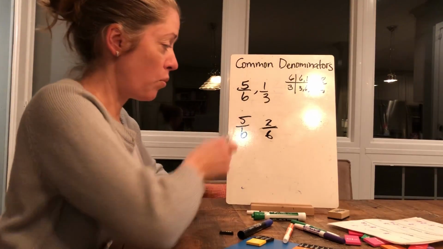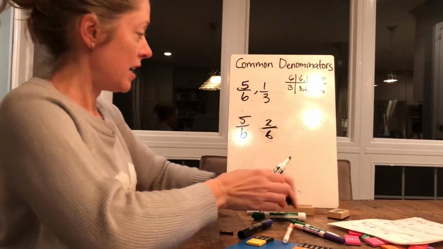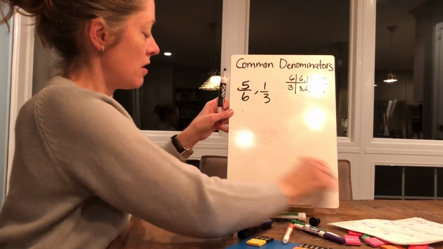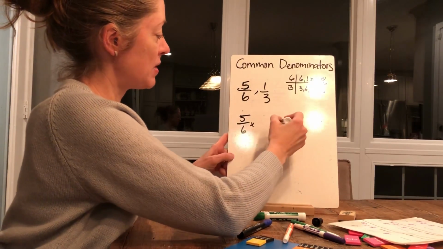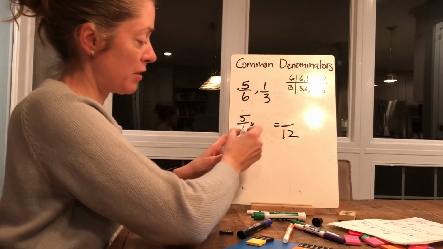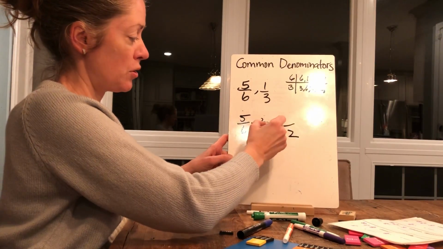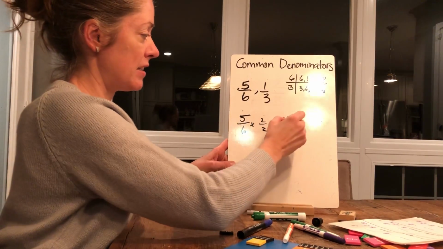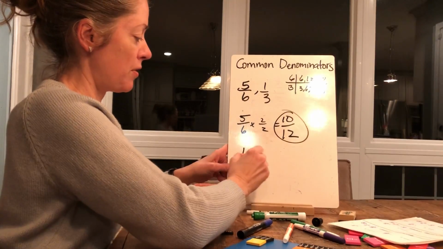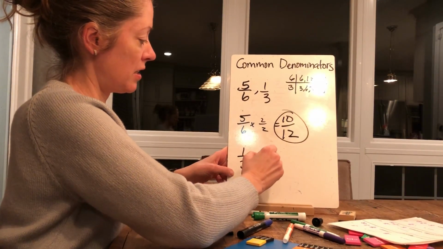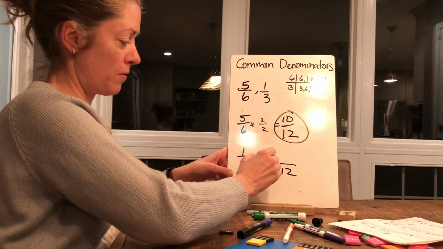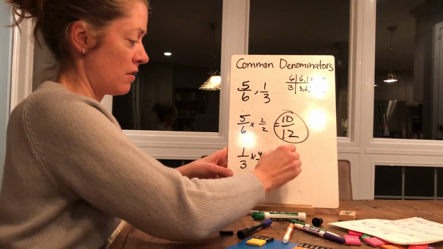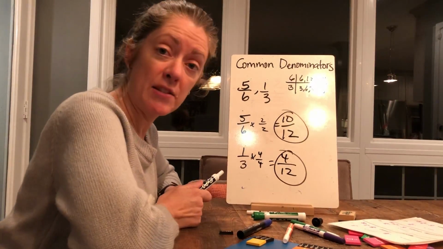So that could be one answer. If you did 12ths, you could have done 5/6 times something equals 12. You probably could have done times 2/2 and gotten 10/12ths. And then 1/3 times something gives us 12. 4, 4/4, 4/12ths. That could have been an answer.